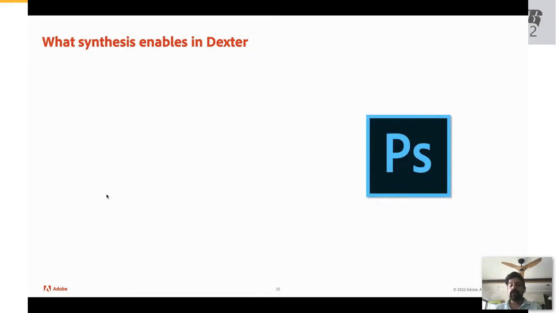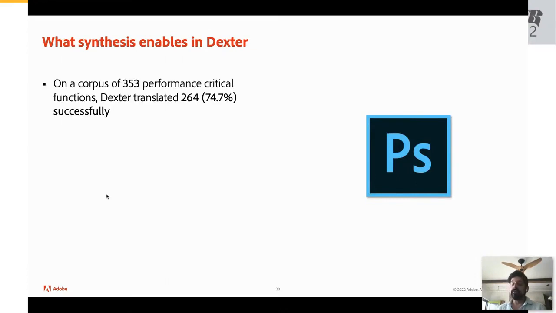So, what does program synthesis enable in Dexter? We applied it to a corpus of 353 performance critical functions from Photoshop. These were functions, some of which had been hand optimized to use SSE intrinsics and AVX intrinsics.